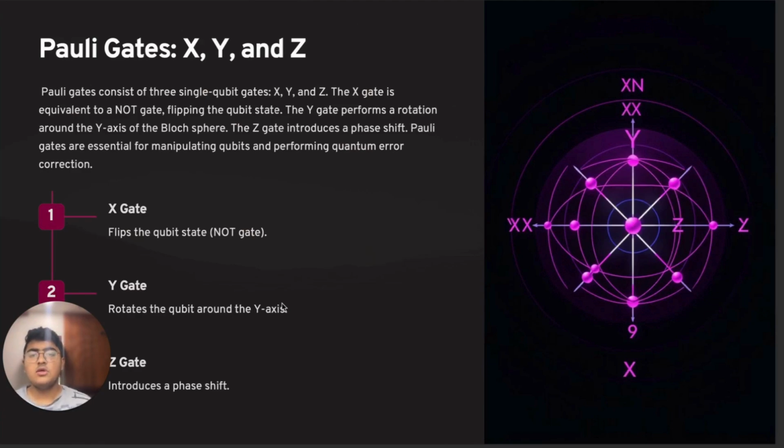The X gate flips ket 0 to ket 1 like a classical NOT. The Y gate rotates the qubit around the y axis, and the Z gate adds a phase flip, affecting interference but not measurement probability. They are used in almost every quantum algorithm and error correction scheme. So these were the main 5 gates used in quantum computers.